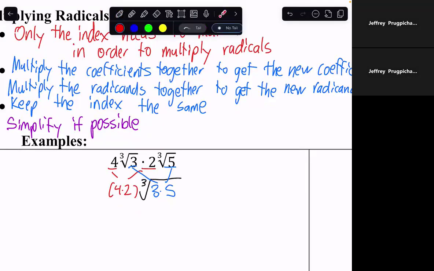Normally I wouldn't write this, I would just do it, but I'm showing you this first time where the numbers come from. So 4 times 2 means the new coefficient is 8. Keep the cube root, and in the radicand, multiply together the 3 and the 5, the new radicand is 15.